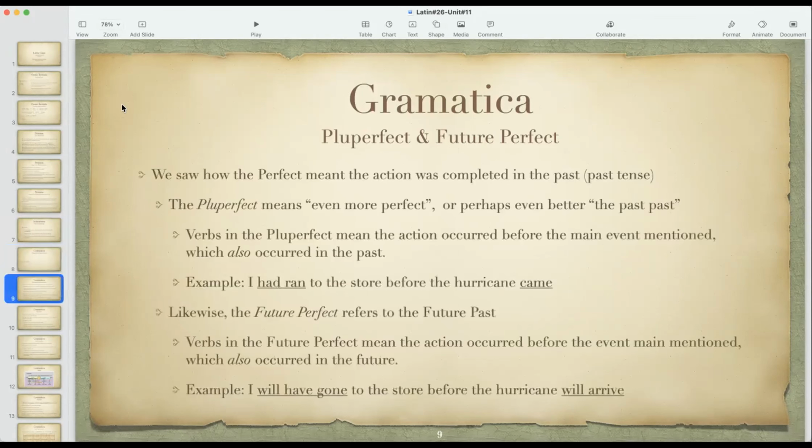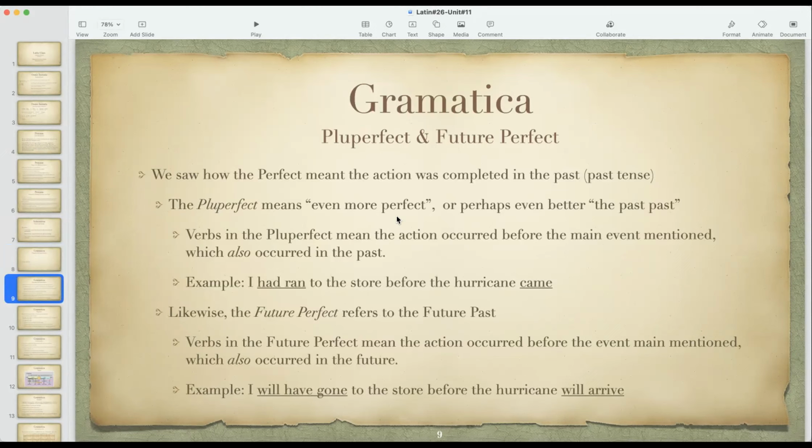All right. So we saw how the perfect tense last time meant the action was completed in the past. In English, we would probably just call it the past tense. The pluperfect, which is what we're doing tonight, is rather amusing because it means even more than perfect.